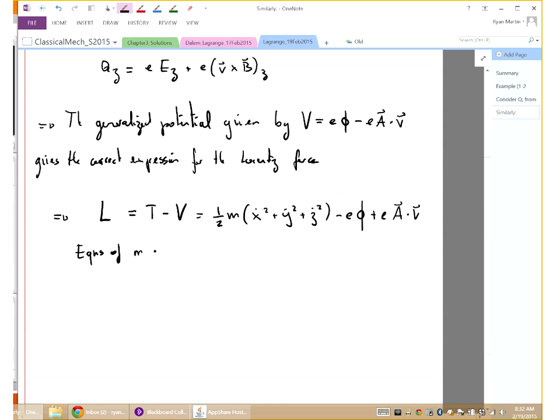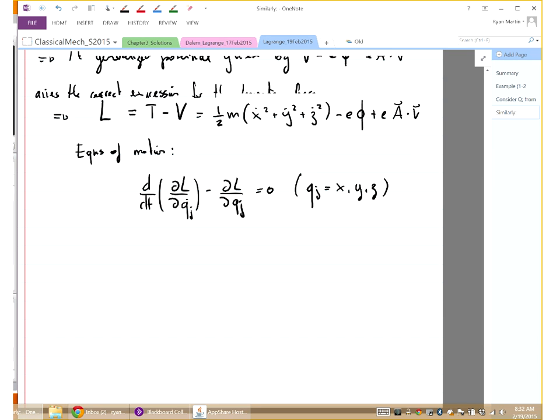So the equations of motion are given by applying the Euler-Lagrange equation. So we would do d/dt of ∂L/∂qj dot minus ∂L/∂qj equals 0, where qj is equal to x, y, and z.